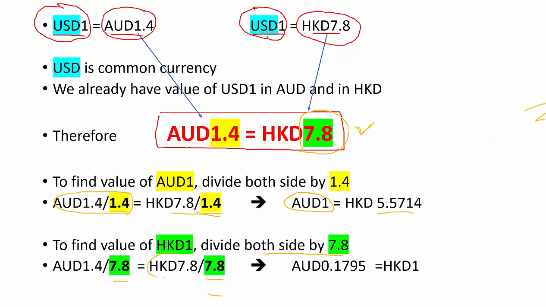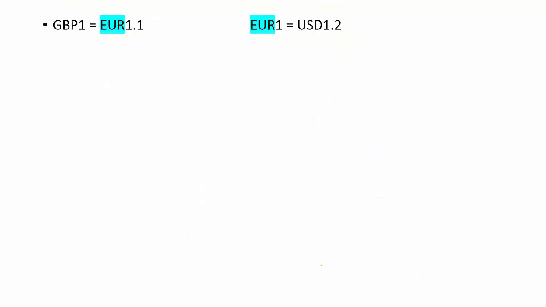On the right hand side, it turned into 1 Hong Kong dollar. And on the left hand side, 1.4 divided by 7.8 equals 0.1795. So it means 1 Hong Kong dollar equals 0.1795 Australia dollar. So those are the two cross rates you can do, right? Okay, let's move on to the next example.